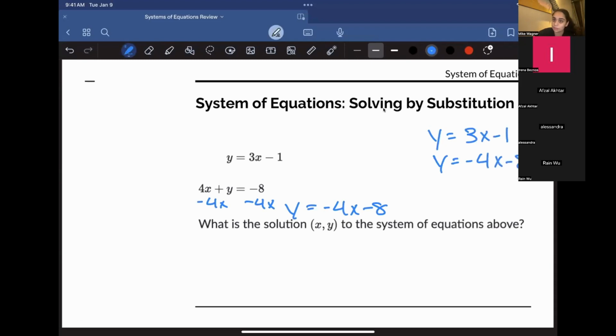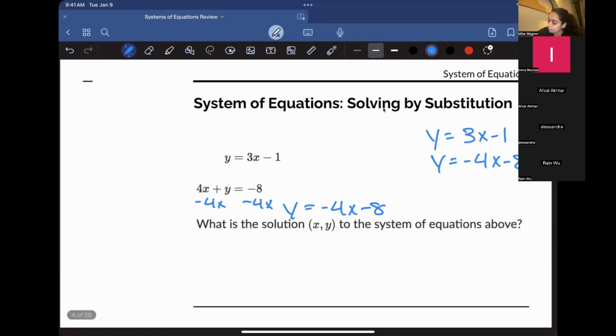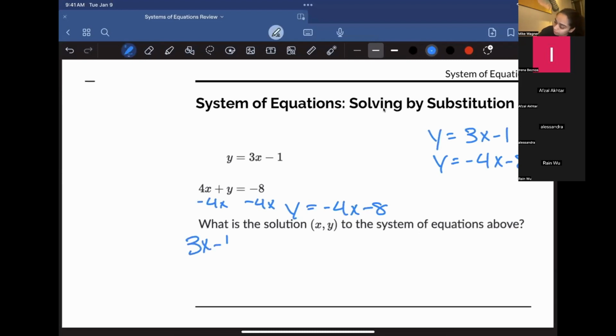We equate them to each other or we substitute. So we get 3x minus 1 equals negative 4x minus 8, minus 3x, and look, I already dropped the negative, moving it over. And then we do plus 8, we get 7 equals negative 7x. So x equals negative 1.